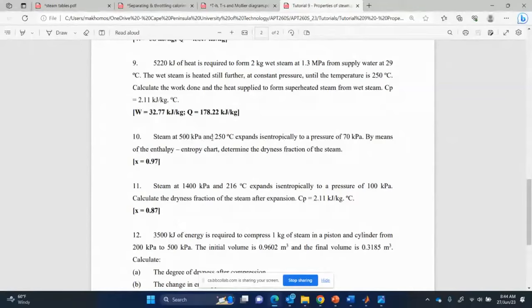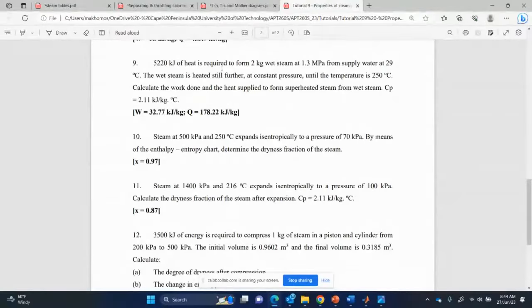In other words, the steam is superheated. Now it expands. When it expands, it becomes wet and the pressure drops to 70. Now, we use the Mollier diagram to determine the dryness fraction of steam. In other words, we use the HS diagram in order to determine X of that particular steam.